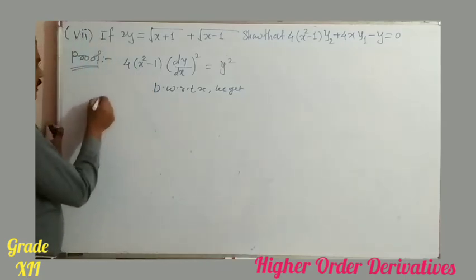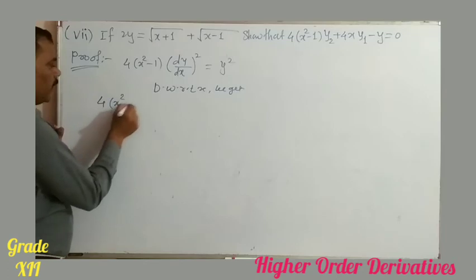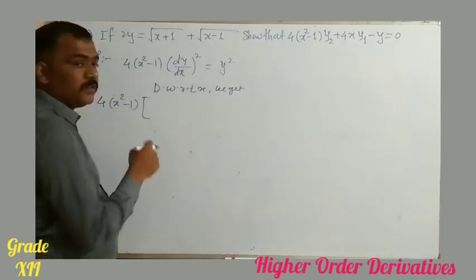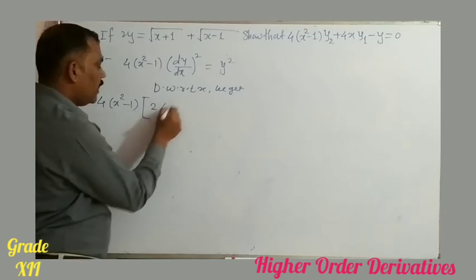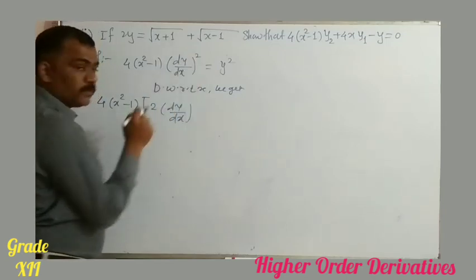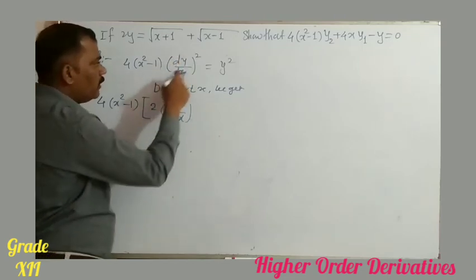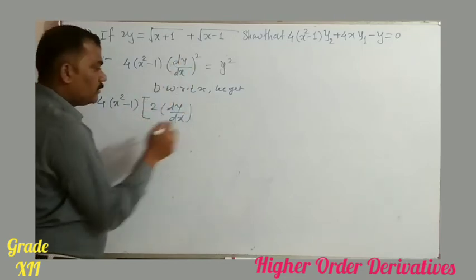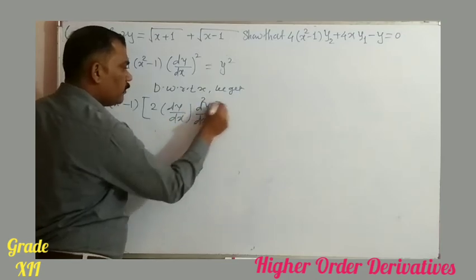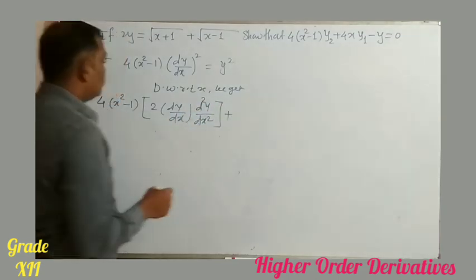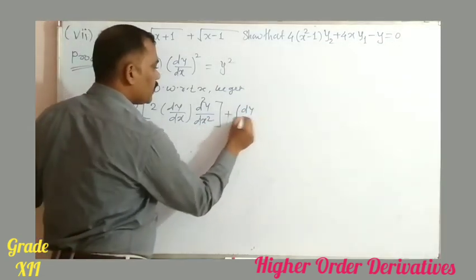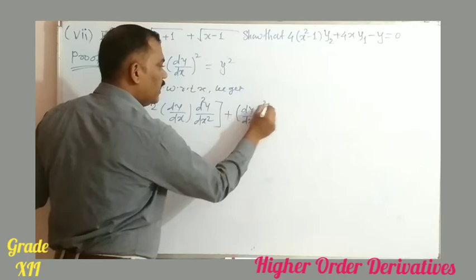First function keep as it is, that is 4 into x square minus 1 as it is. Derivative of the second: first we keep the power, that is 2 times dy by dx, and from the power we minus 1, that is 2 minus 1 is 1. Now we take the derivative of this dy by dx with respect to x, we get d2y by dx square, plus the second function as it is, that is dy by dx bracket square as it is.